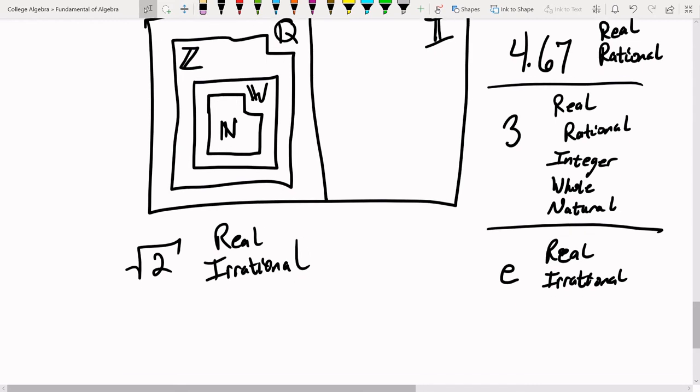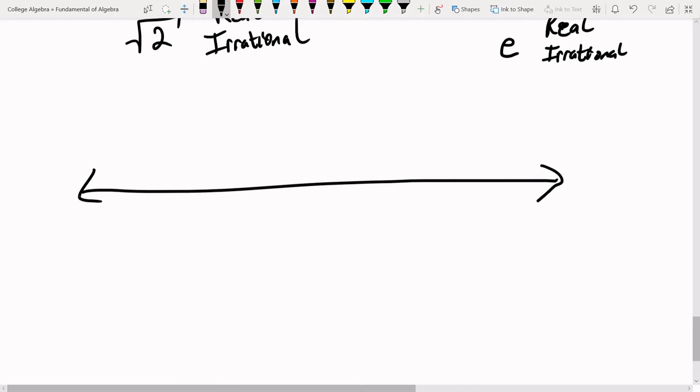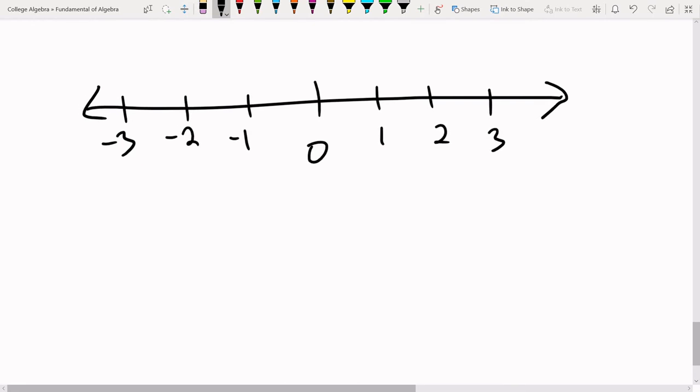Okay, let's move on to the real number line here. The real number line is just a graphical representation of the real numbers we've just been discussing, right? Here I'm graphing all of the integers. But within the integers, in between, these portions are all rational numbers or irrational numbers, whatever you might have. And because we can graph them all out quite easily on this line, this is why it's called the real number line.